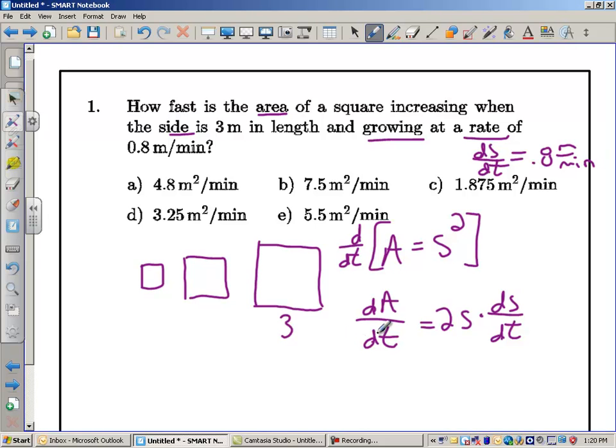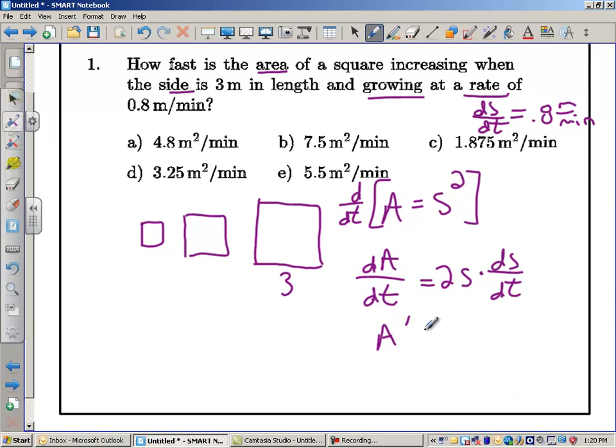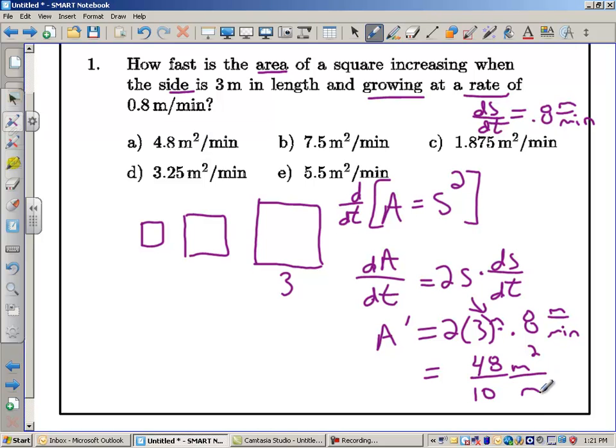So now we can just plug and chug. dA/dt, which I'm going to call A prime because it's shorter to write and they mean the same thing, is equal to 2 times the side length, which is 3, times the rate of change of the side length, which is 0.8 meters per minute. Which by the way is 8 tenths. So I get 6 times 8 is 48 tenths, and the 3 had units of meters, and I get meters squared per minute, and that works out to be 4.8.